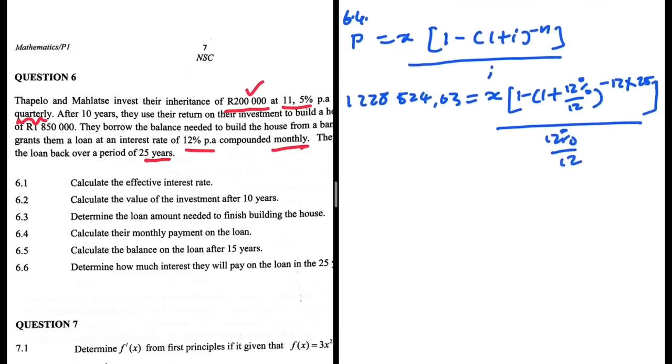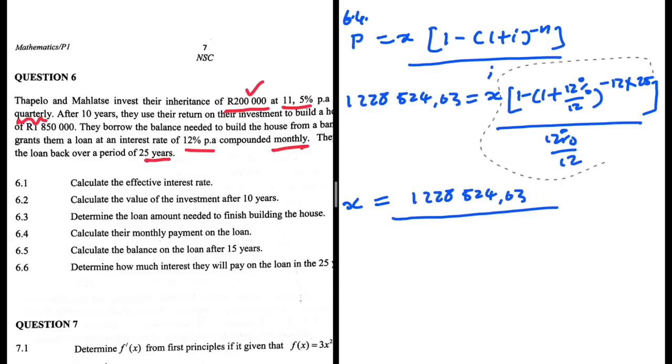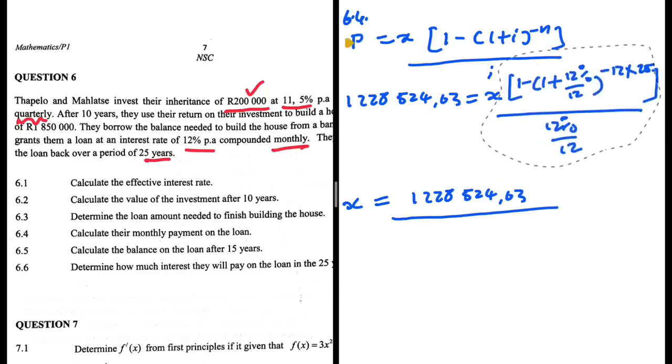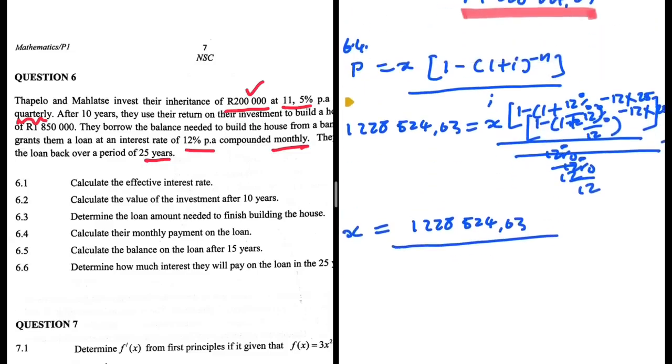Let me show you. X will be equal to this right here. Let me duplicate it. This divided by the coefficient of X. The coefficient of X is this entire thing. So let me duplicate it instead of dragging it from there.